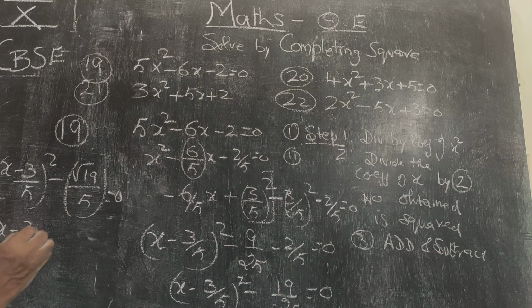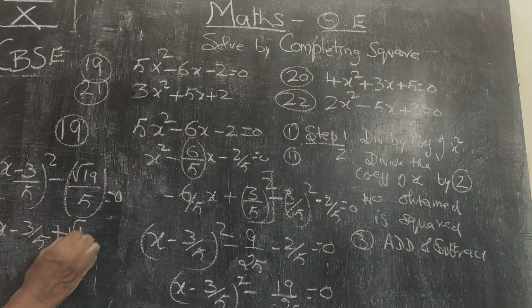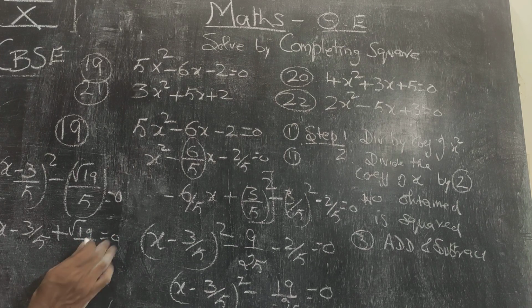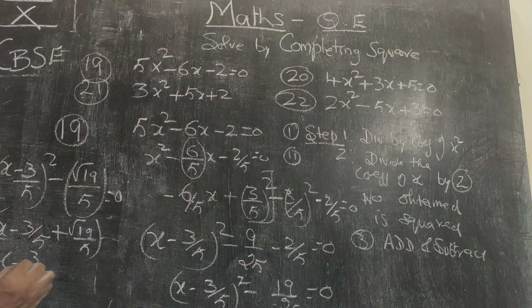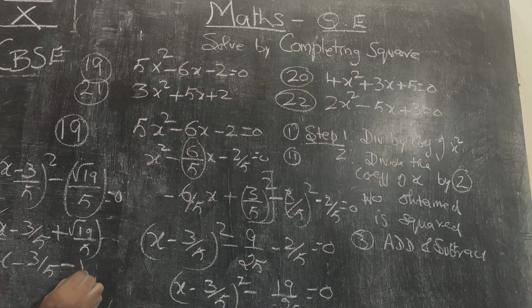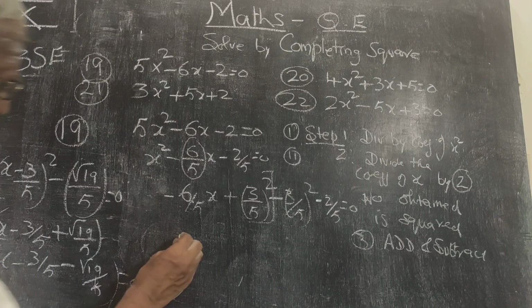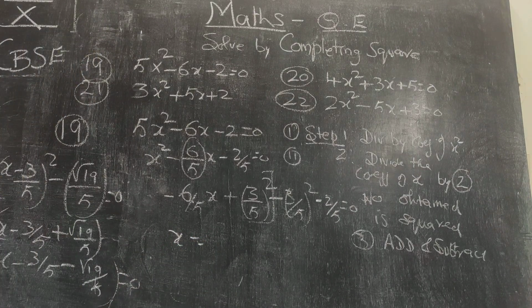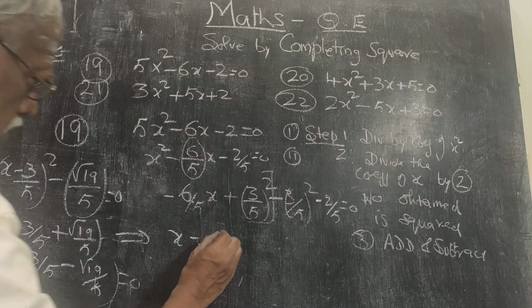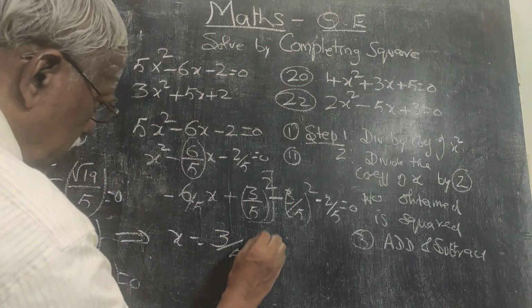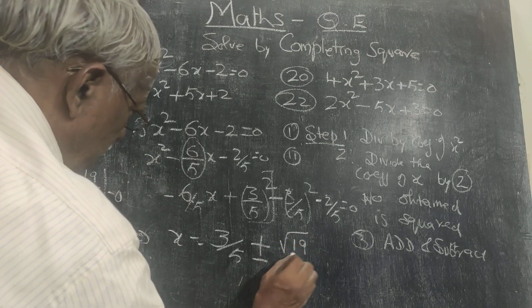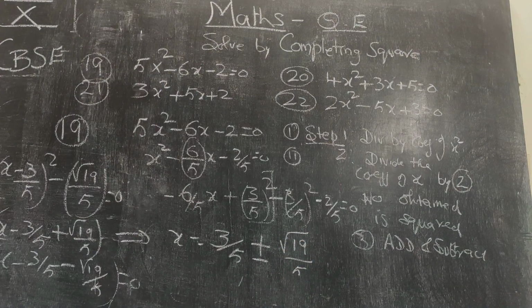So x minus 3 by 5 plus root 19 by 5 equal to 0, or x minus 3 by 5 minus root 19 by 5 is equal to 0, which means that x equal to 3 by 5 plus or minus root 19 by 5. Is it alright? Have you understood the problem? Now I go for the next problem so that you can understand more clearly.